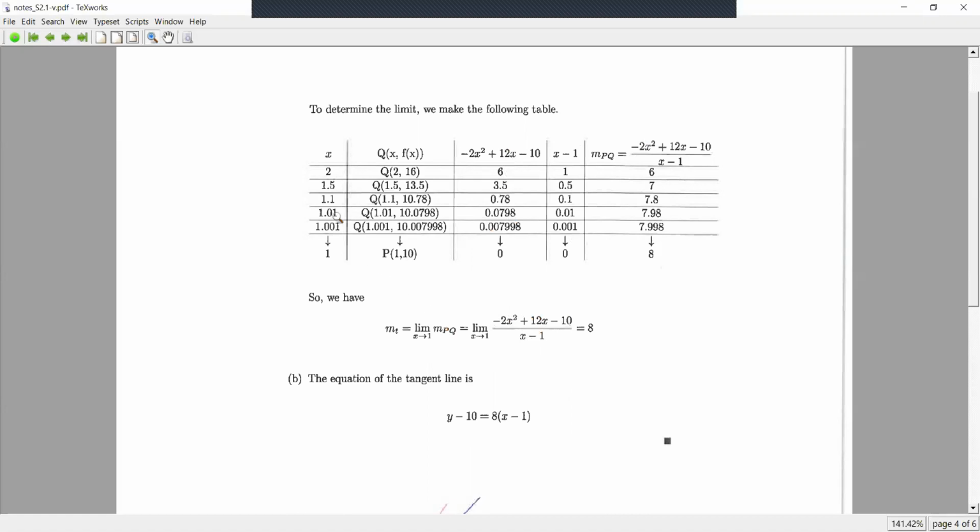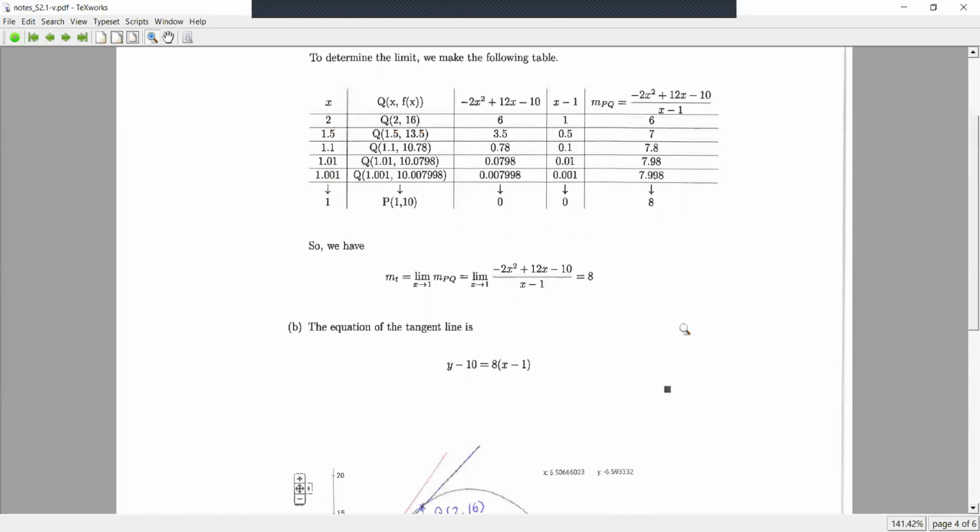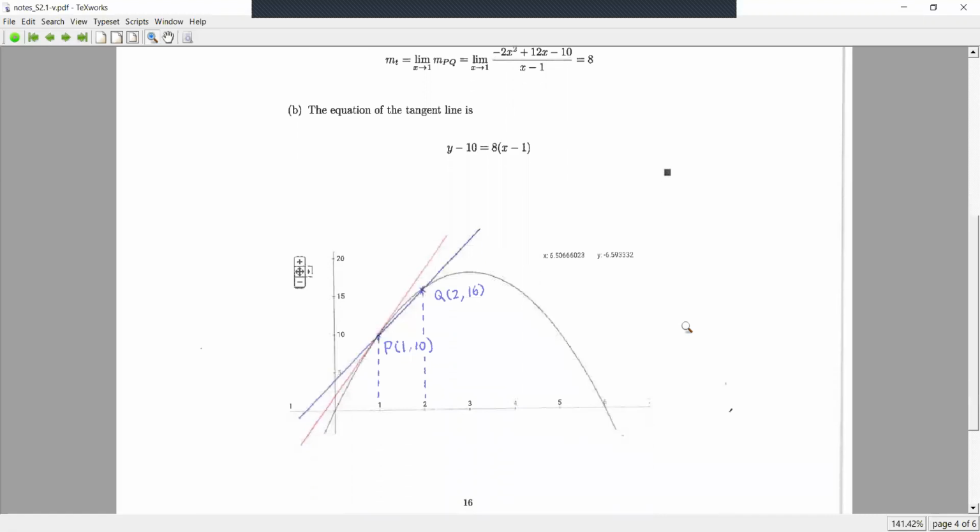Now, in this table, I let x approach 1 by taking on these points. When x is 2, the point Q is (2, 16). 16 is here.